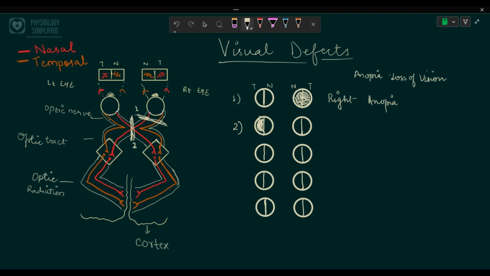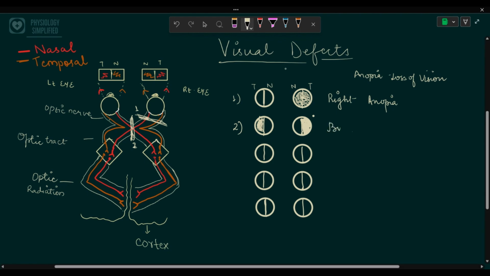So let's shade the temporal part of the left eye first and then of the right eye. So this defect is known as bitemporal hemianopia. Bitemporal means temporal part of the visual field of both the eyes. Hemi means half, so it represents the half loss of the vision from each eye.